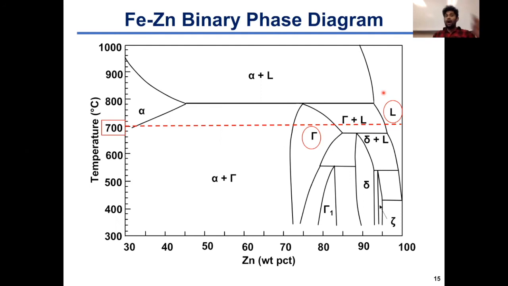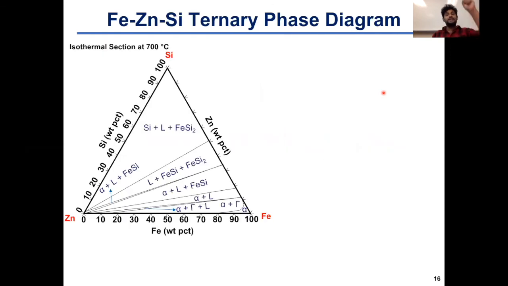Now, we can no longer refer to the Fe-zinc binary phase diagram. Rather, we have to go to the Fe-zinc-silicon ternary phase diagram to understand what silicon addition does to the Fe-zinc system. So here is the isothermal section at 700 degrees C from the Fe-zinc-silicon ternary phase diagram. And if we consider an alloy having, say, 20% iron, 80% zinc, that is represented by that point on the phase diagram.